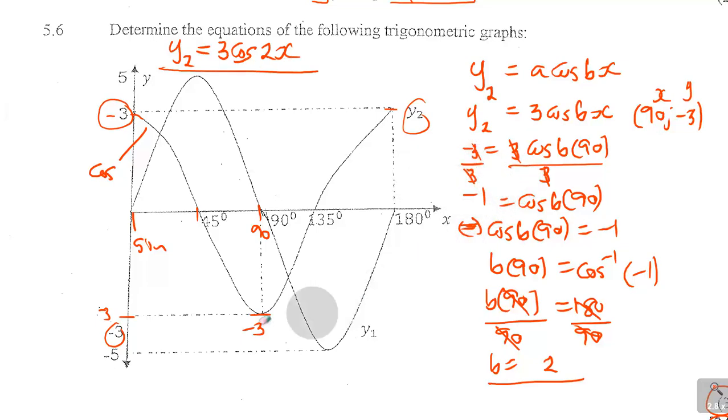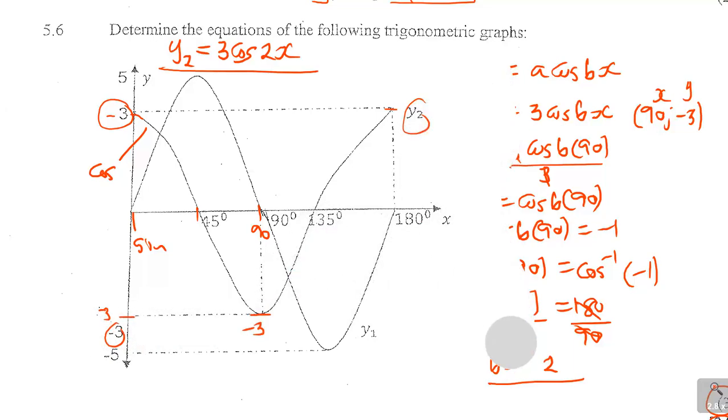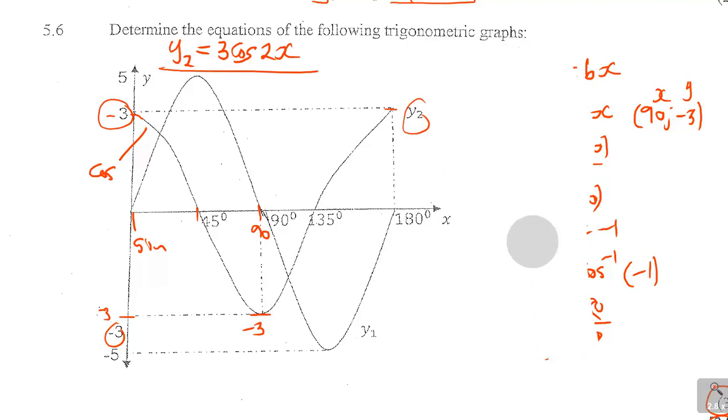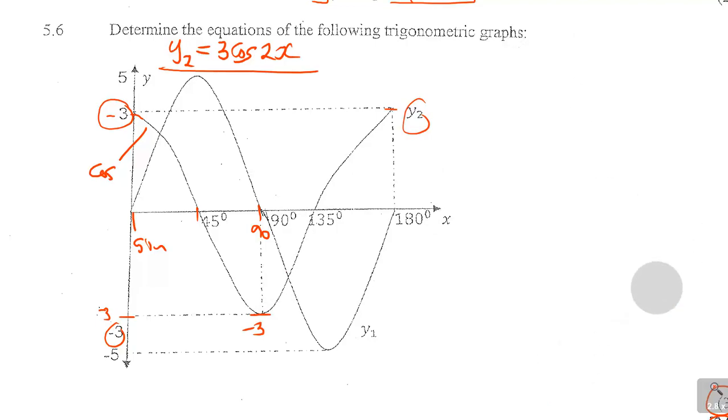I do the same thing that I did for y1, and it's similar. So I say y1 is equal to a, but it's for sine now, bx. Now where is it turning? You can see that it's turning here at 5, or it's turning down here at -5.